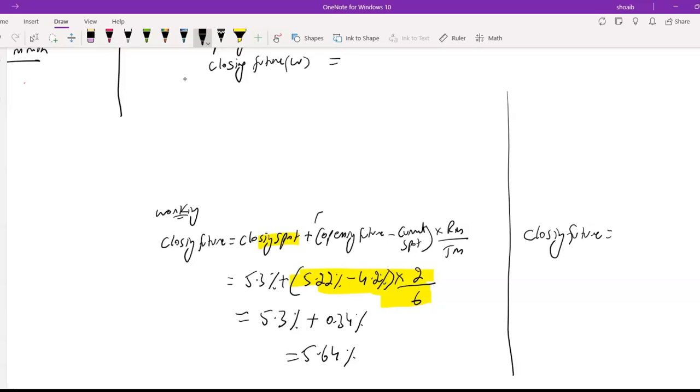In other case, this would be same. This would be same, right? Only closing spot is different. 3.6 plus 0.34. So this would be 3.94. Please confirm. Everyone, please confirm. This is right, okay?